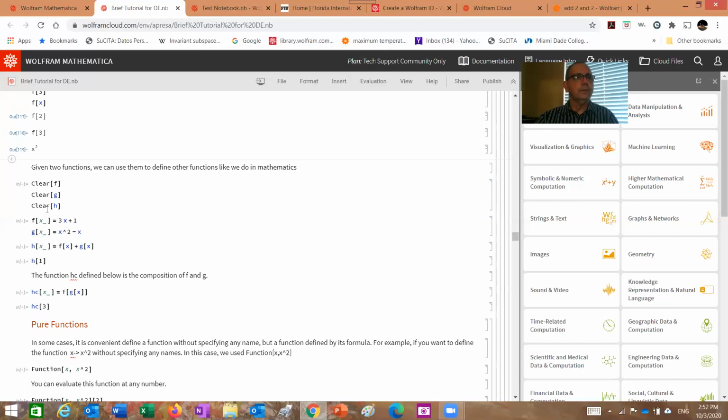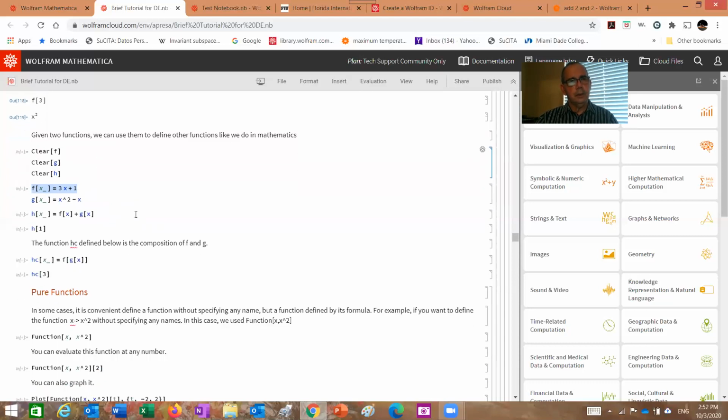You define f of x like 3x plus 1 as it is here, and later when you want to find f of 1, you enter f of 1 and it returns the value, or f of 3 and it returns the value. Then here, let me clear f, g, and h just in case there are old values before. And now we are going to define these 3 functions. f of x, notice that we have to put the underscore here after the x in the left side, is equal to 3x plus 1.